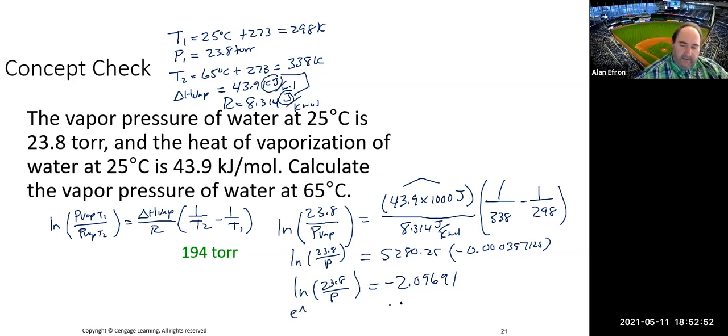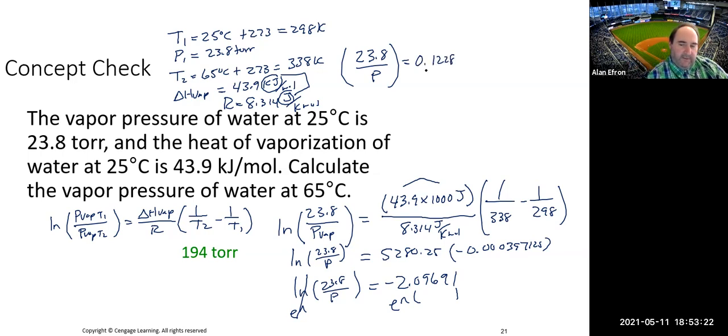To get rid of the natural log, we actually take the E of both sides. So if you look on your calculator, you see that. When you take the E of the left-hand side, the natural log just goes away. You take the E of this. So coming up on top gives me 23.8 times my pressure will equal E, and you do want to keep the negative there, to the negative 2.09, which gets me 0.1228.